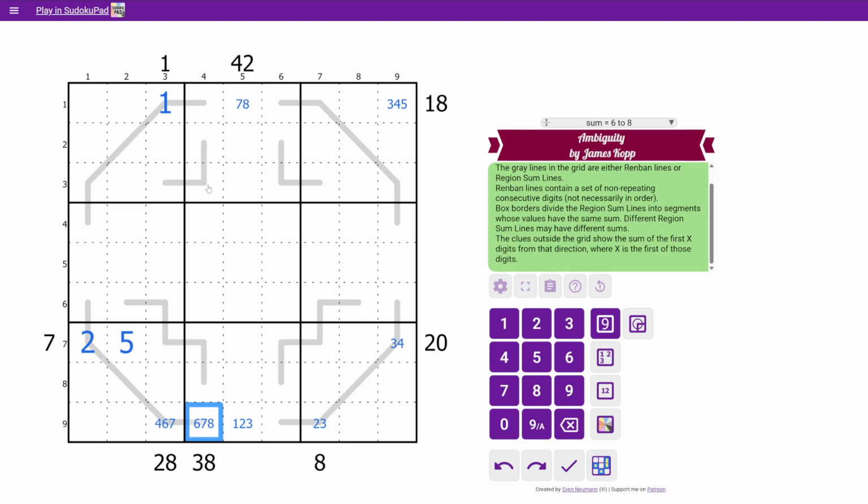Oh well. If it's 6, this is 1, 2, 4. If it's 7, then it has 8 left. Or, no, it has 7 left. If it's 7, it has 7 left. Okay.